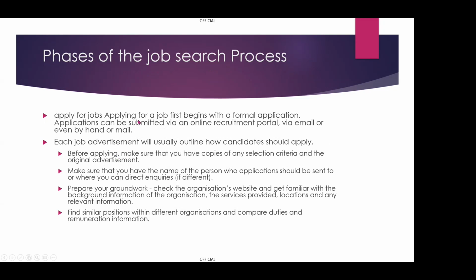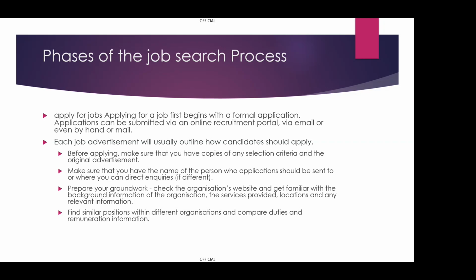You apply for jobs, and the first part is the formal application. The application can be submitted online, via email, or even sometimes by hand or in the mail. Each advertisement will specify what you need to do in order to become an applicant for that job.